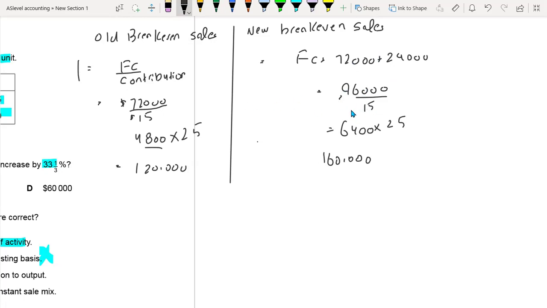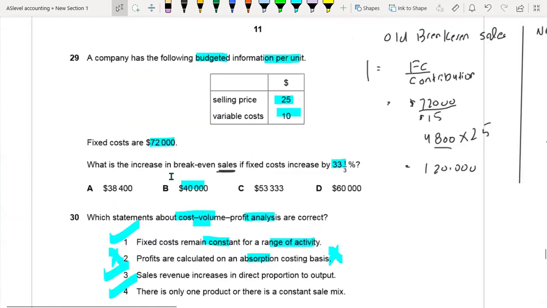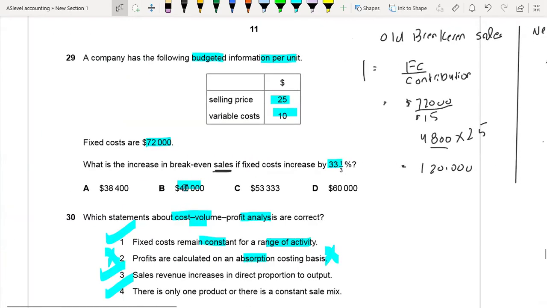It is the same, it is not changing. So we have the break-even units, which is 6,400. Multiplied with the selling price of 25, we have the break-even sales, which is $160,000. But we have to find the difference between the old break-even sales and the new break-even sales. So 160,000 minus 120,000, we have $40,000, which is the difference between the old break-even and the new break-even because of the increased fixed cost.